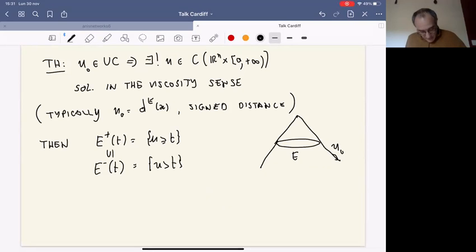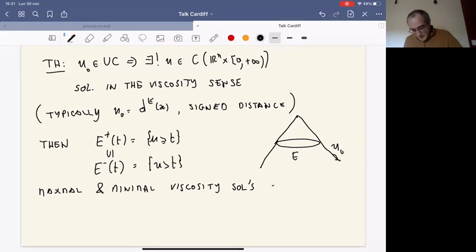These, of course, are contained in one another, and these are the maximal and minimal viscosity geometric solutions starting from E.